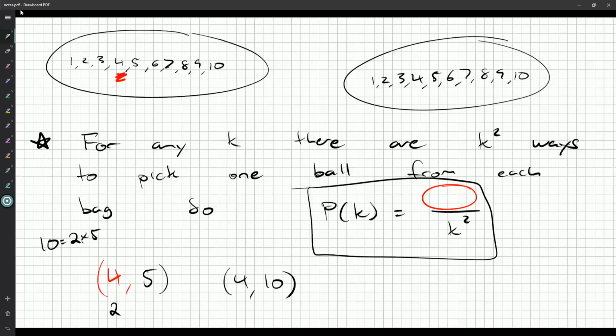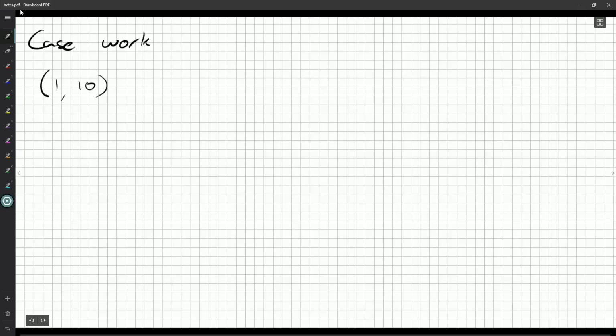I guess we could brute force an answer just by saying, alright, so we'll say we're doing casework. If I pick a 1, well, that has no factors that contribute to the 10, so I have to pick out 10 here. Because you need the 2 and the 5 at least, and that makes 10. But if I pick 2 first, well, there's a factor of 2, so I could just get away with having a factor of 5, and that can come from either a 5 or a 10.